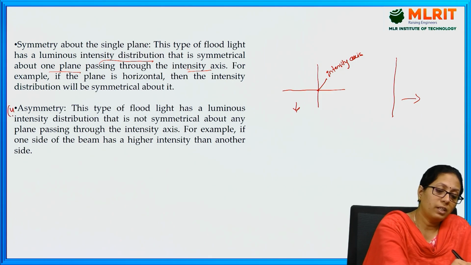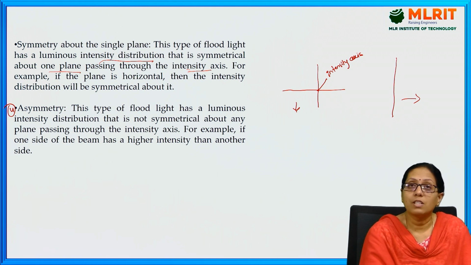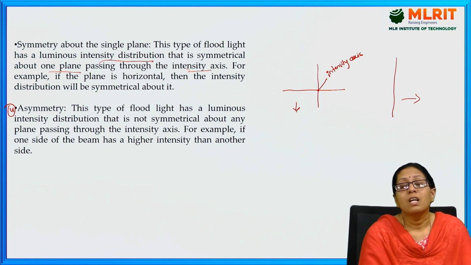Next, the fourth type is asymmetrical. This type of floodlight has a luminous intensity distribution that is not symmetrical about any plane, that is the horizontal plane as well as the vertical plane. If you consider both the planes, for both the planes the light intensity is not symmetrical.